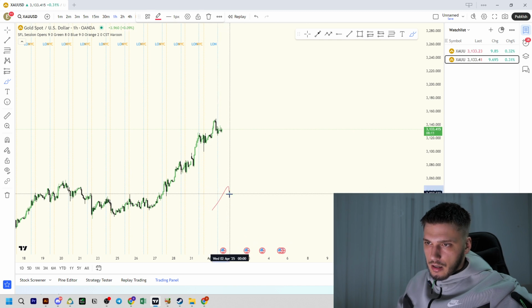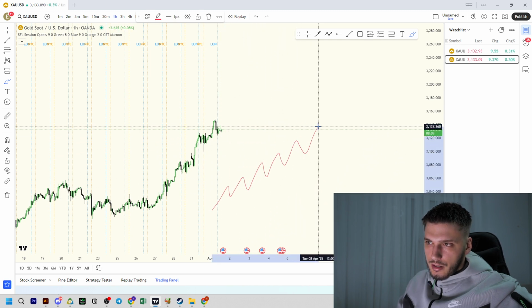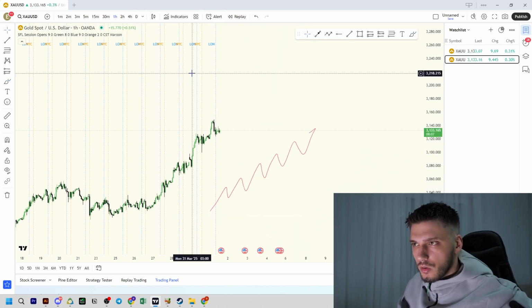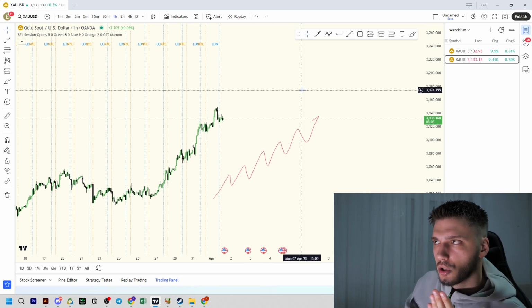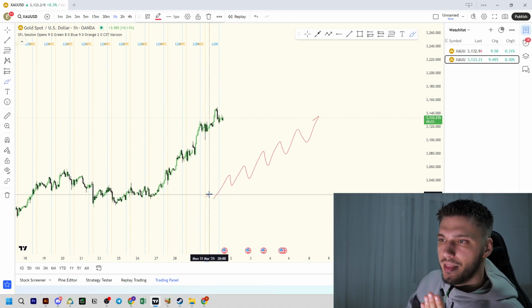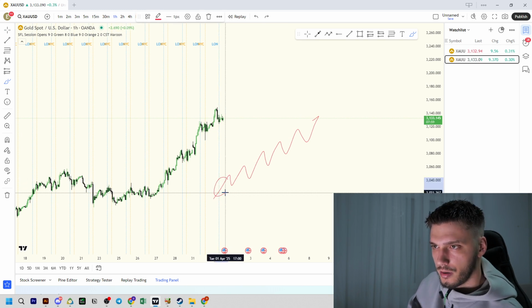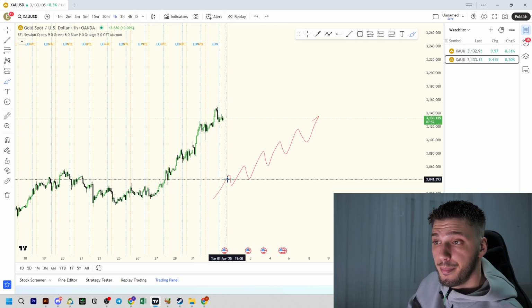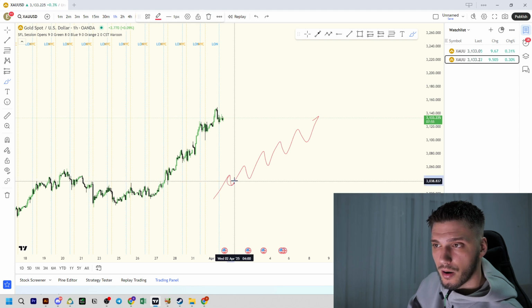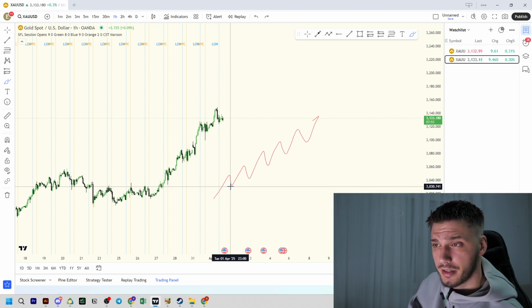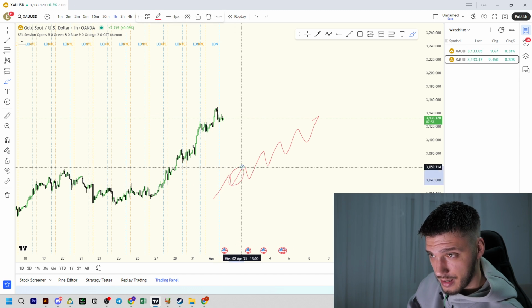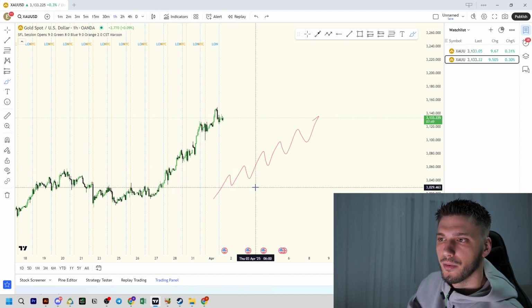If I draw something like this here, something that you can notice is that this move up here is bigger than the move down. And then again, this move up is bigger than the move down.